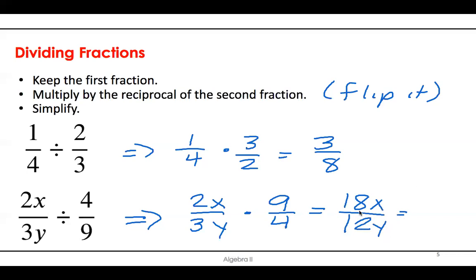Absolutely. They're both divisible by 6. 6 goes into 18 3 times. So we've got 3x. 6 goes into 12 2 times. So we've got 2y. Questions? Okay.